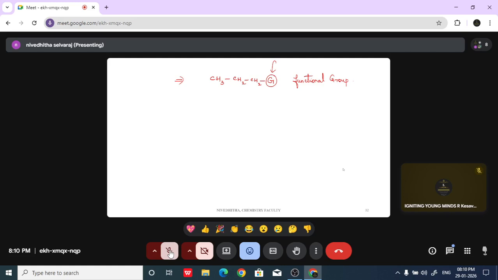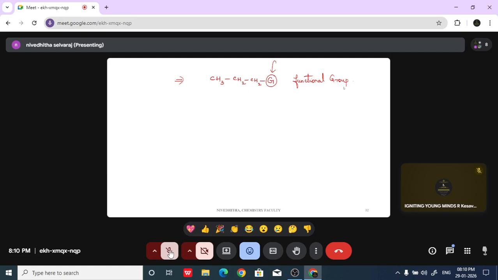Any other functional groups you know? Carboxylic acid. Carboxylic acid. One more functional group: ketone. Ketone, yes. Aldehyde, ketone, carboxylic acid, alcohol, ether, amine, all these are functional groups. Right.